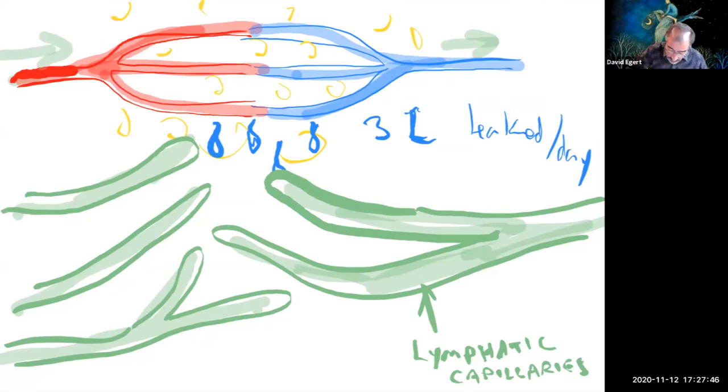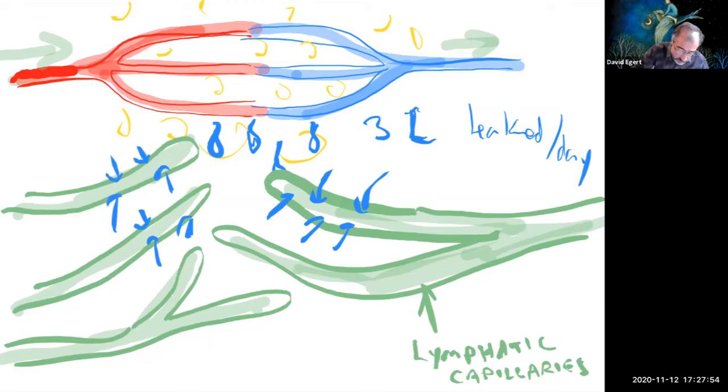And this is where this fluid and any other molecules or even cells, anything floating around in there can get taken up. We'll talk about where it goes in a few moments. But these basically have the ability to absorb this fluid and get it out of that interstitial space.